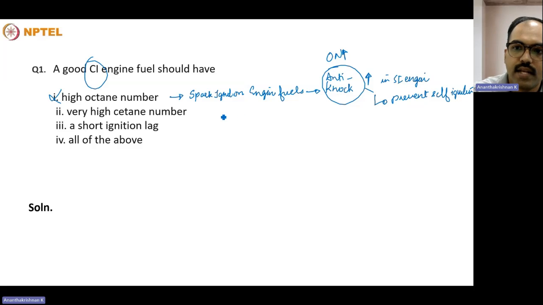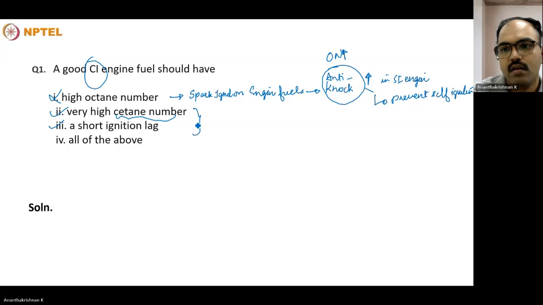So that is preferable for a CI engine. So this is right. And a short ignition lag, yes. A high cetane number ensures that the delay between the point of injection and the ignition will be less. So this will ensure sudden combustion. So these two are preferred, option 2 and option 3.